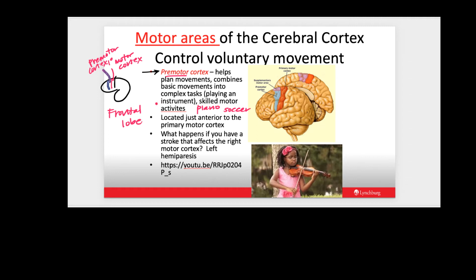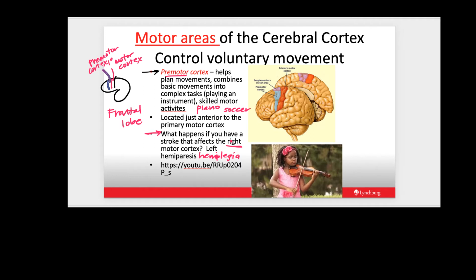I also want to point out, what happens if you have a stroke that affects the right motor cortex? Let's say you see a patient who has a stroke that affects that particular area of their brain. If their stroke was on the right premotor cortex, they would end up with left hemiparesis or even hemiplegia, depending on the type of symptoms that they had.